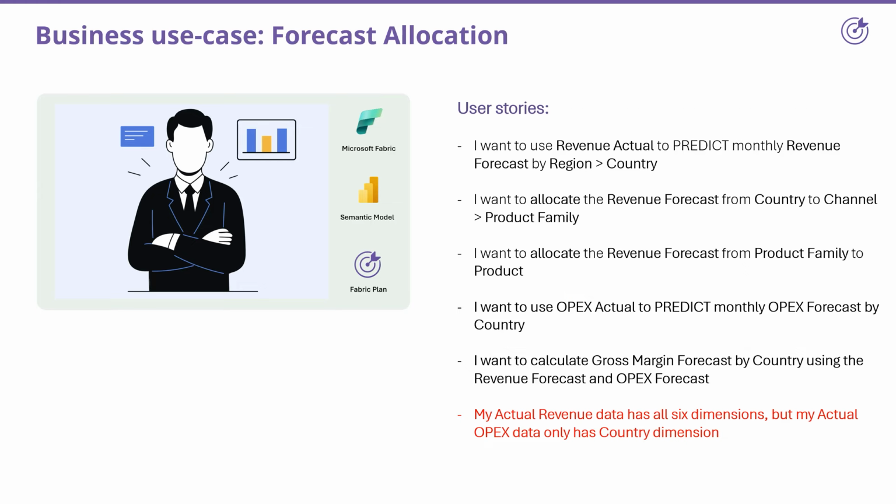And then finally, I want to calculate the GM, the gross margin forecast by country using the revenue forecast and OPEX forecast. And now we have the same or almost similar set of highlighted points, which is that the actual revenue data has all the 6 dimensions, but the actual OPEX data only has the country dimension. So let's see how this interesting and final use case of the day will be handled.